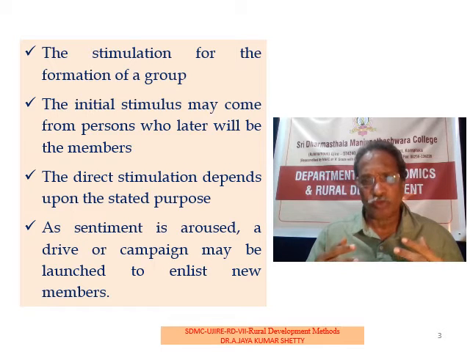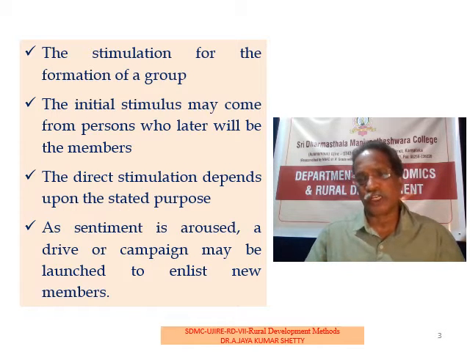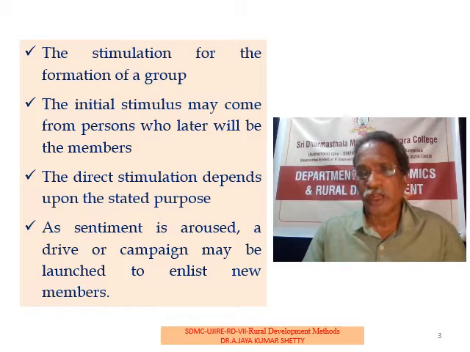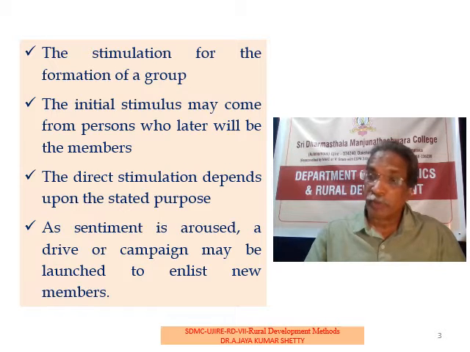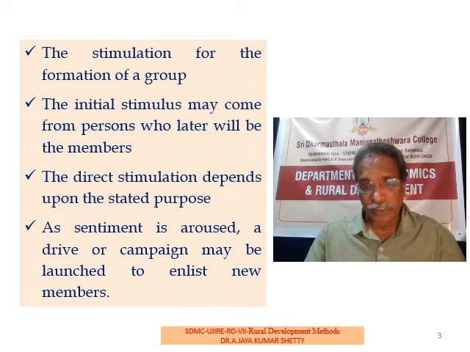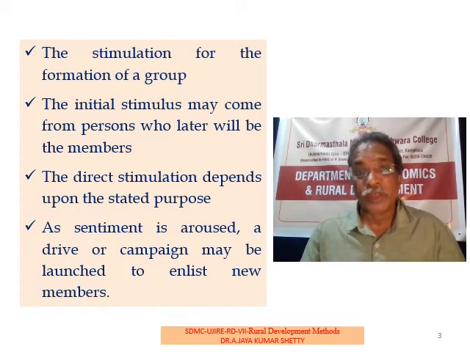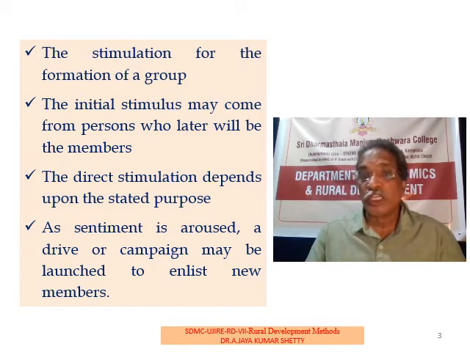So the people who are conscious of the issue may take initiation, and stimulate the formation of a group. So the initial stimulus may come from persons who later will be the members, or it may come from an outside person who is promoting local organizations around some program.